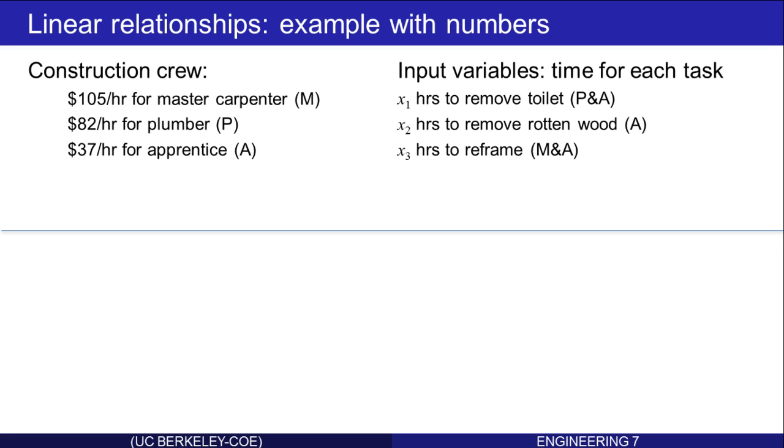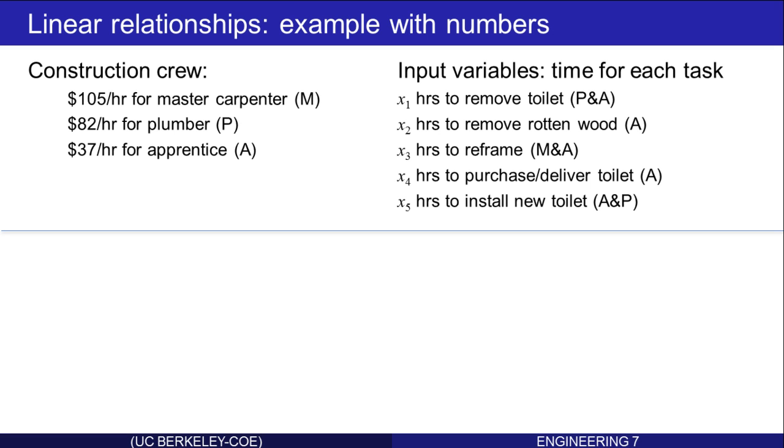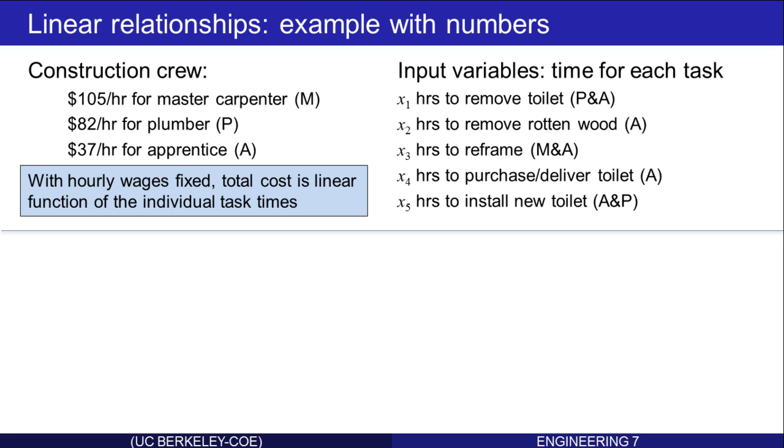X3 hours to reframe, that's the master carpenter and the apprentice. X4 hours to purchase and deliver the toilet, send the apprentice for that. And X5 hours to install the new toilet, that's the plumber and the apprentice. With the hourly wages fixed, I claim the total cost of the job is a linear function of the individual task times. In the quiz, you'll write out what that linear function is.